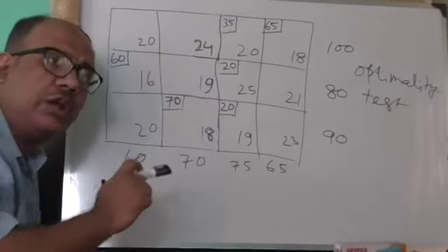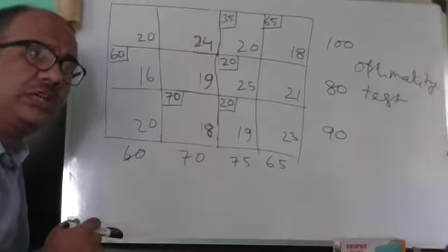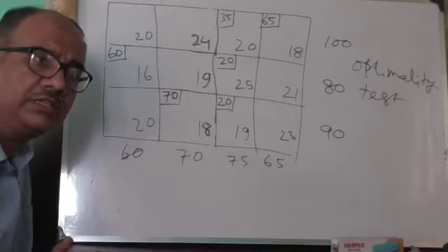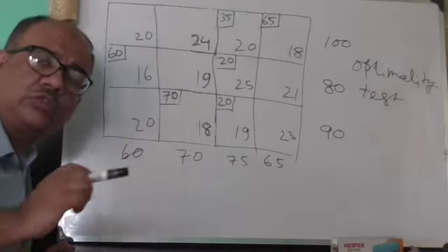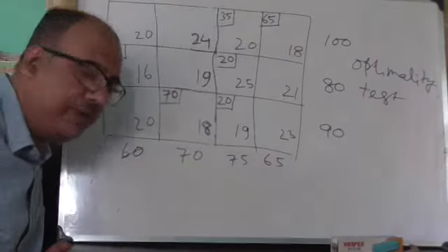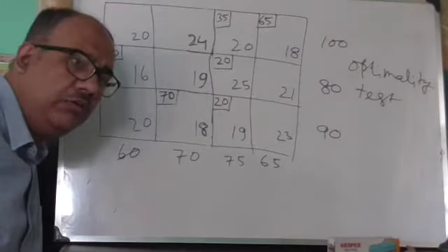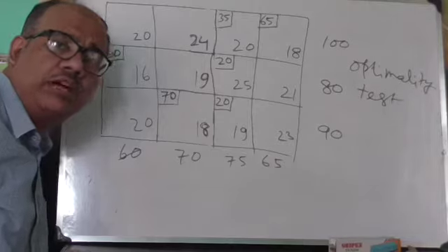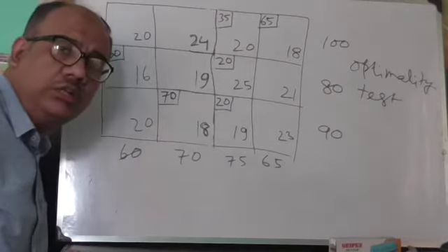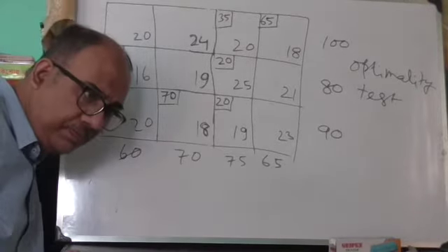The initial solutions that we have obtained by 3 different methods may be optimum, may not be optimum. So we have to check whether they are giving minimum transportation cost or not. For that we need to do something that is called optimality test.